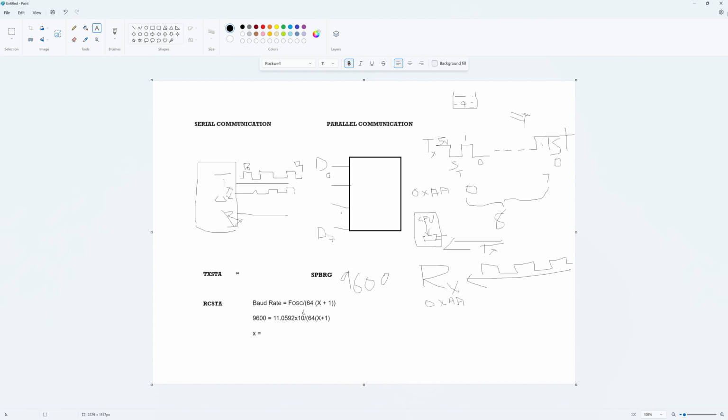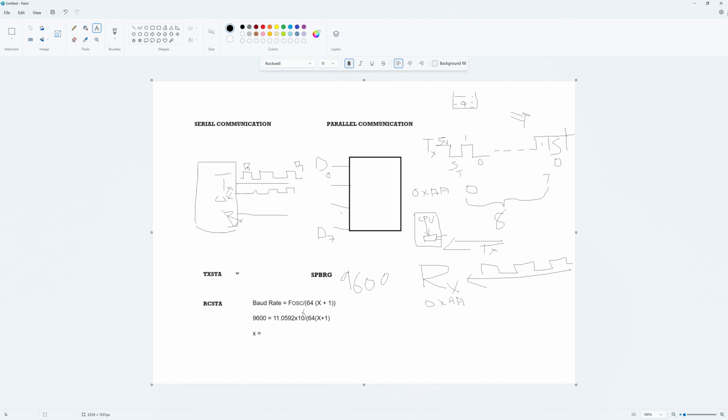So 64 into x plus 1 equals 11.0592 into 10 raised to 6 divided by 9600. So x plus 1 equals 11.0592 into 10 raised to 6 divided by 9600, whole divided by 64.